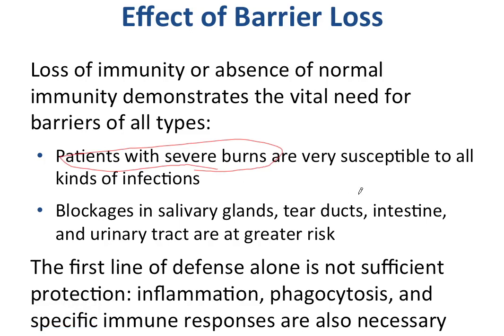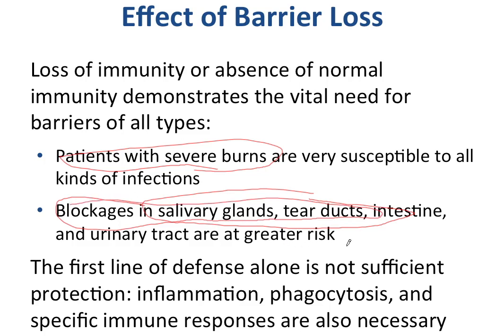Skin has all kinds of glands, sweat glands, so the patient also loses the chemical barrier. For the mucus, it's the same thing. If there is a blockage of the salivary glands or tear ducts, it will cause a huge risk for the patient to get infections.